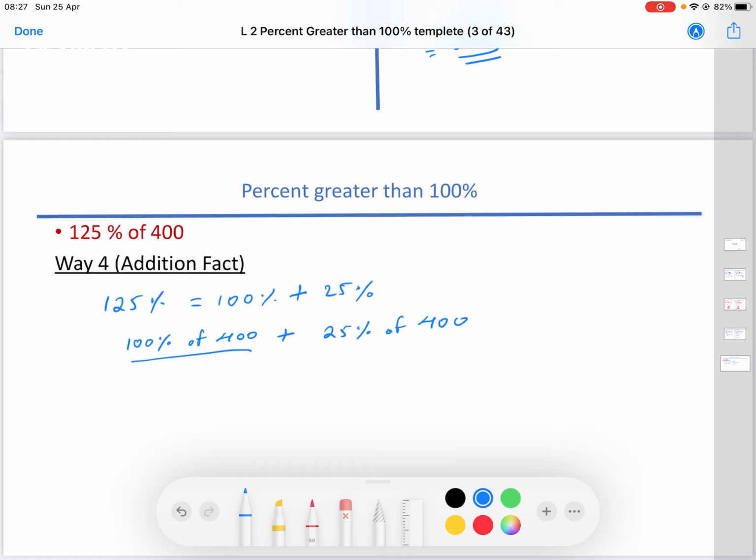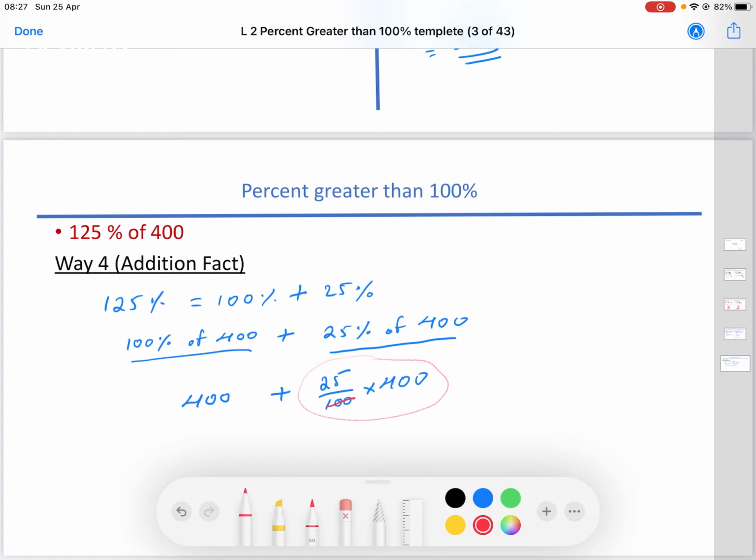Now we know that 100% of 400 is the full, that is 400, plus 25% of 400, which can be 25 over 100 times 400. Or you can solve this part using any of the above 3 ways that we have done.